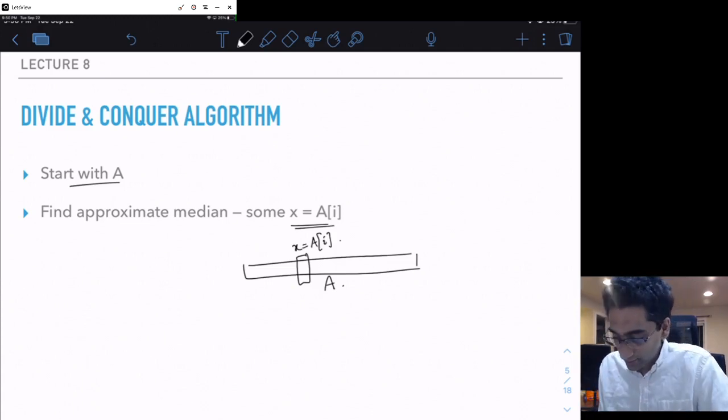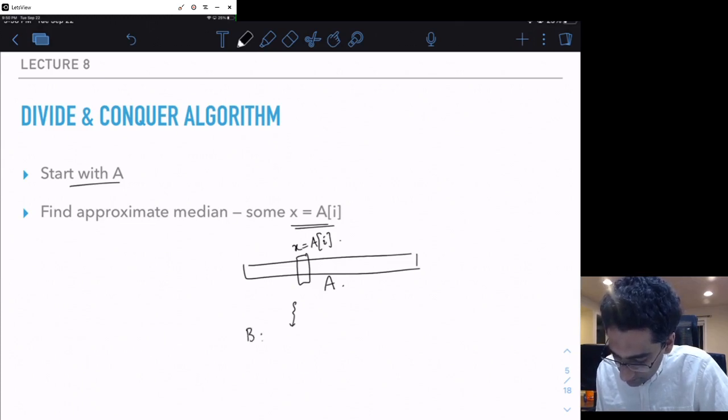Okay. So now let's say I do something analogous to what quicksort does, right? Which is I partition this array A into two chunks. Let's call them B and C. B is the set of all a of j such that a of j is less than or equal to x, and C is the same thing but more than.